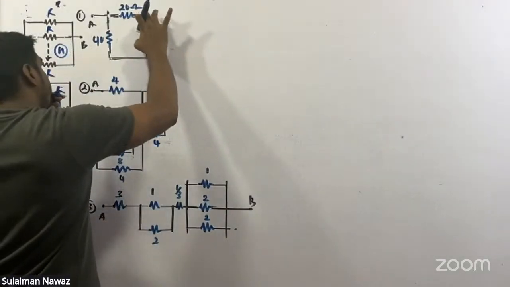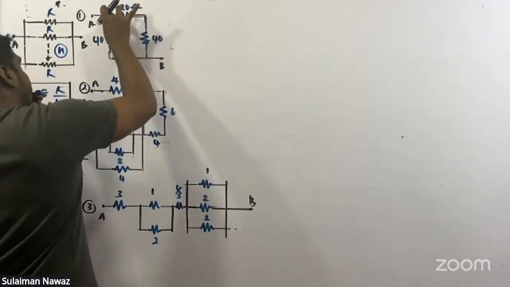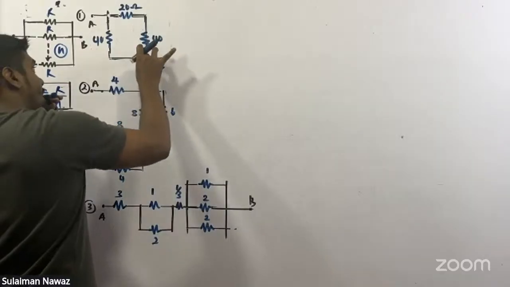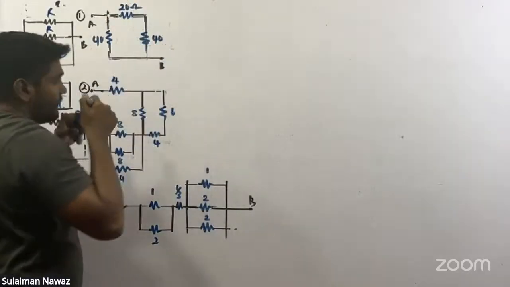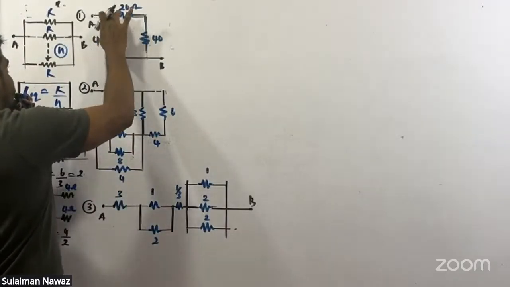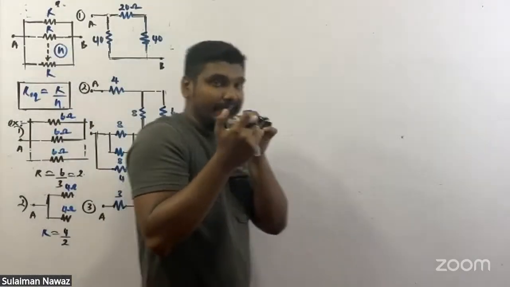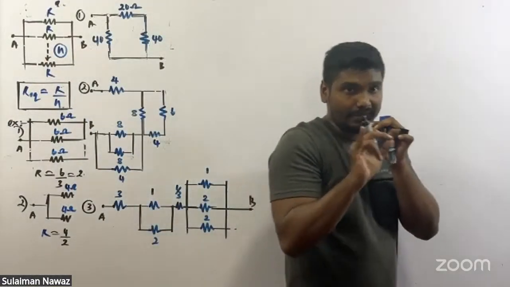Now look here. When you consider this branch here to this branch, you want to understand the same current flows in the branch. I told you if resistors are in series, the same current passes through the resistors.